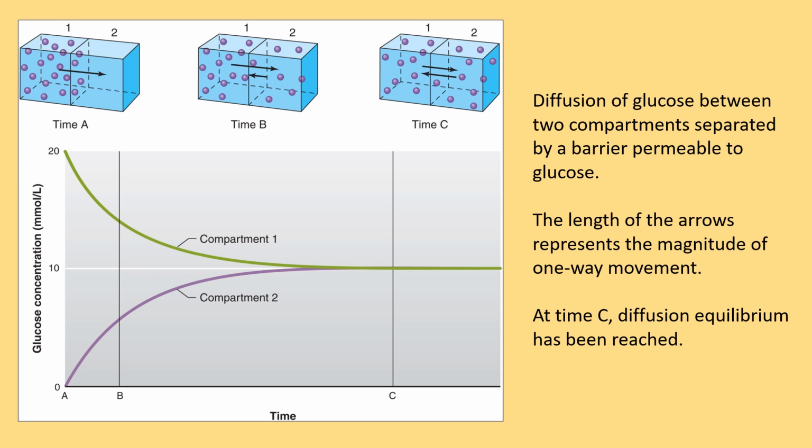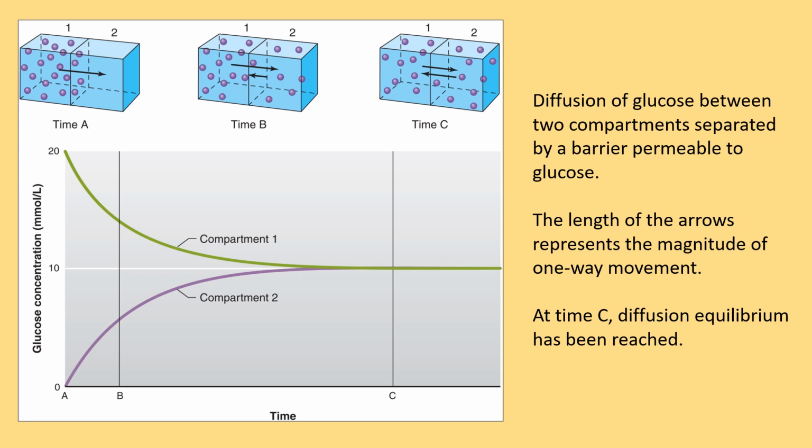By graphing the concentration of solutes in two different solutions, we can watch two solutions come into equilibrium with each other. So there are two components to this image. Up top, we have a visual representation of two different solutions in two different fluid compartments, compartment 1 and compartment 2.